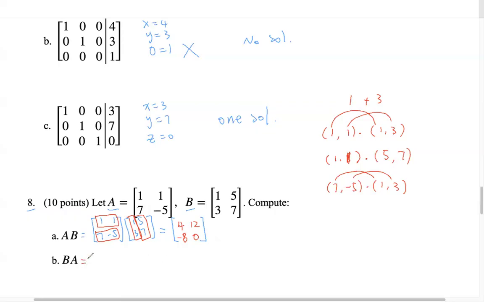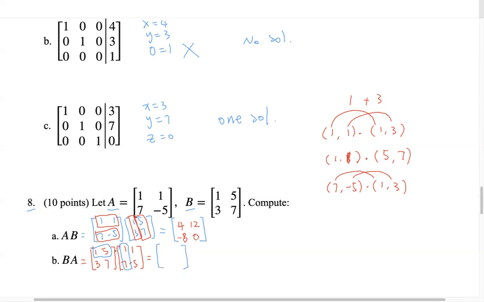Now let's do B times A. So 1, 5, 3, 7. We switch the position of those two matrices, with 1, 1, 7, negative 5. The process is the same. We do the dot product and also get a 2 by 2 matrix with 4 entries.